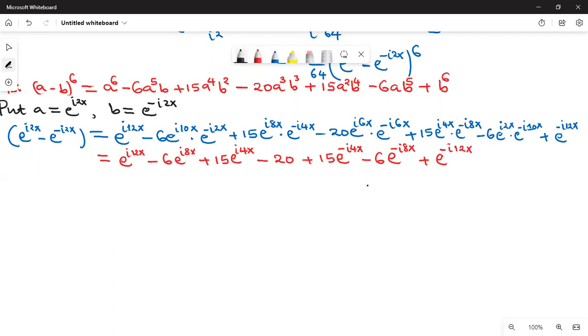And then I can now group them with the same as exponential i12x plus exponential negative i12x.